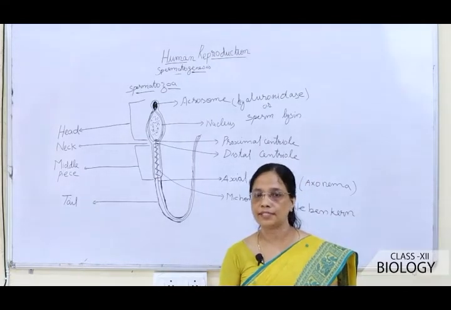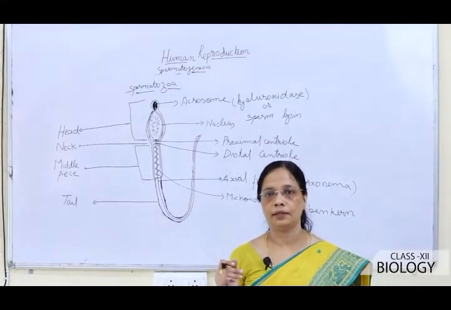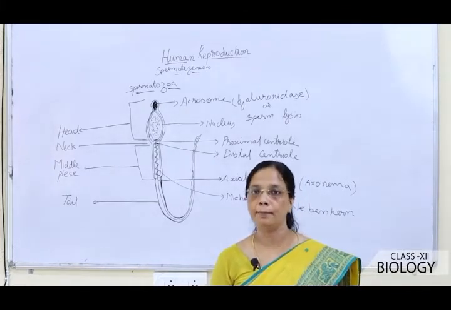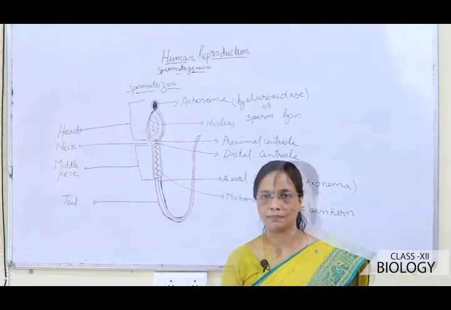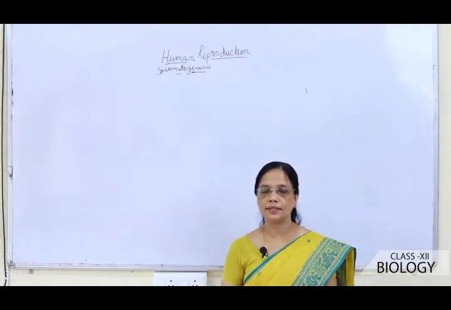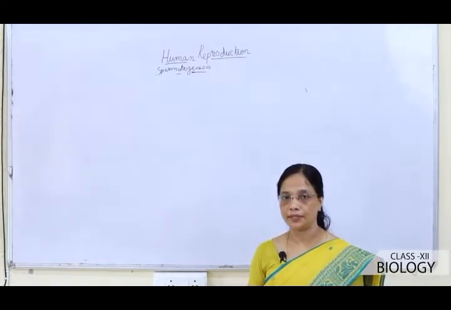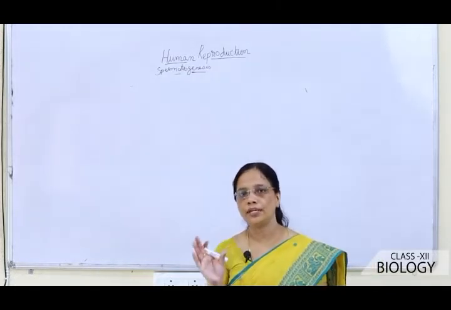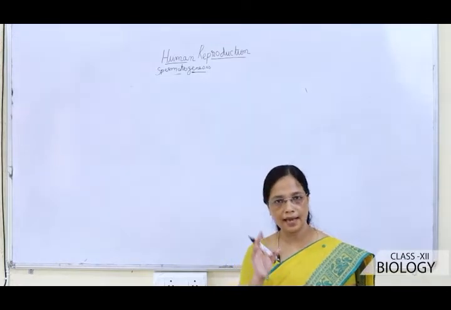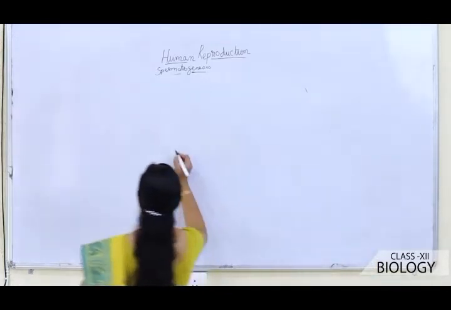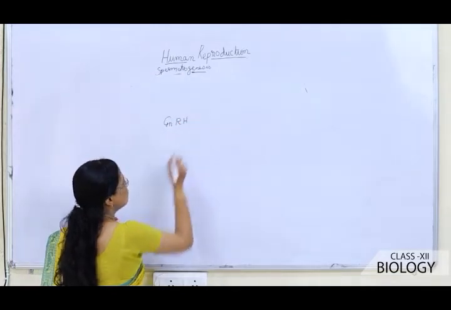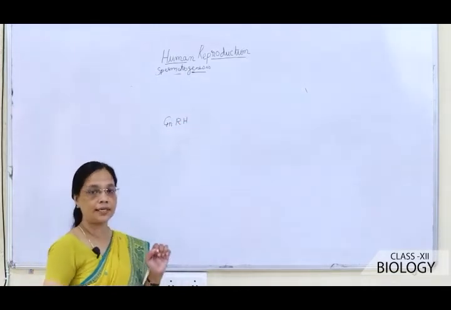Okay, now we will study when the process of spermatogenesis takes place in the male reproductive system. Spermatogenesis begins in humans during puberty. Puberty means around 13 to 14 or 15 years of age. At that time, there is a hormone called GnRH. What is the full form of GnRH? You have studied it in class 11.